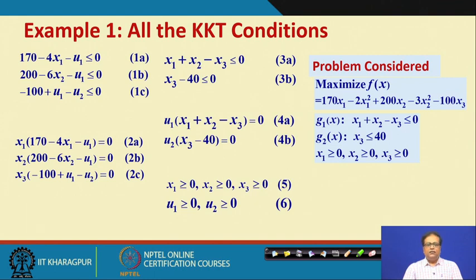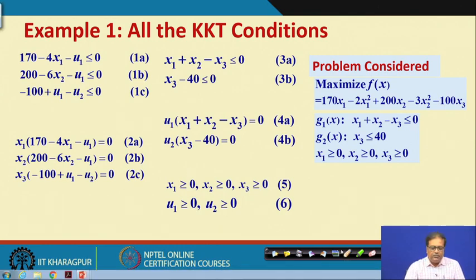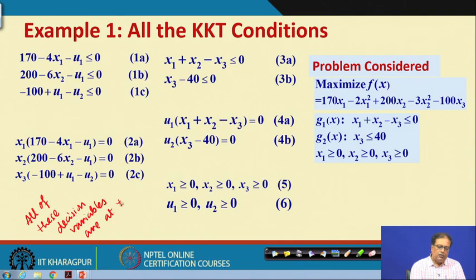Now, the question is that, as I have told earlier, all of these decision variables like x1, x2, x3 are at the point of optimality.